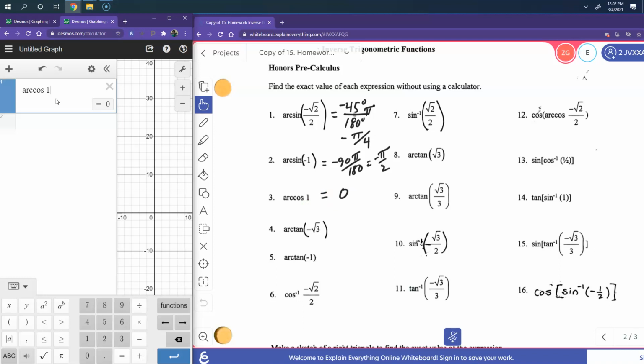The next one is arctangent, which is the inverse tangent. So you have arctangent of negative square root of 3. That gives you negative 60. So it's negative 60 times pi over 180, which is negative pi over 3.